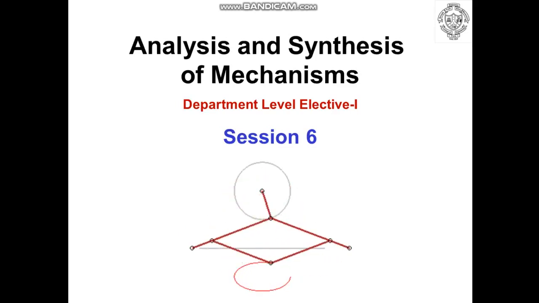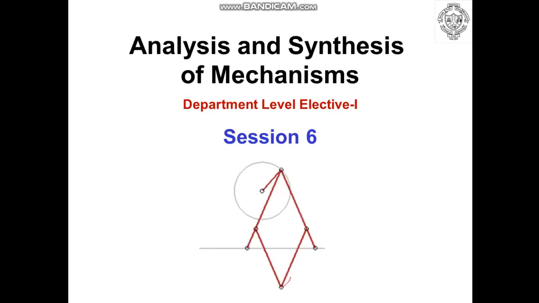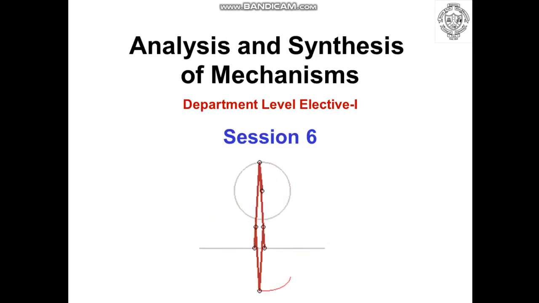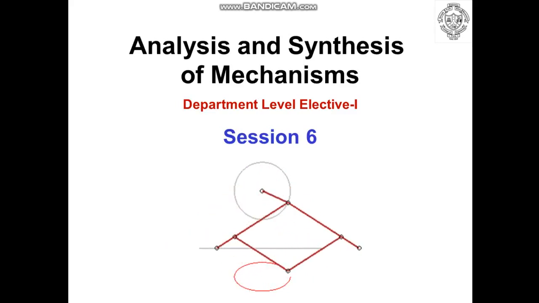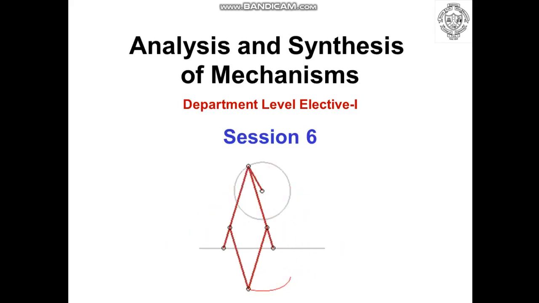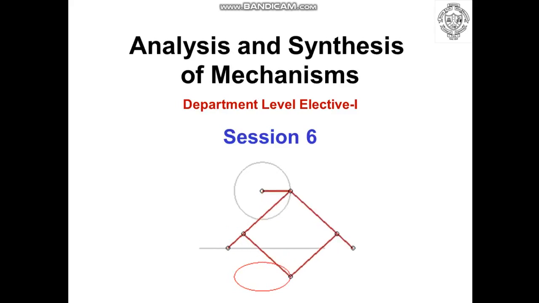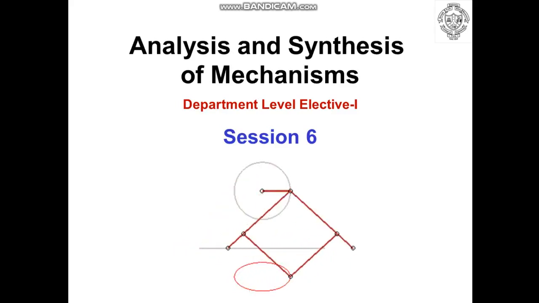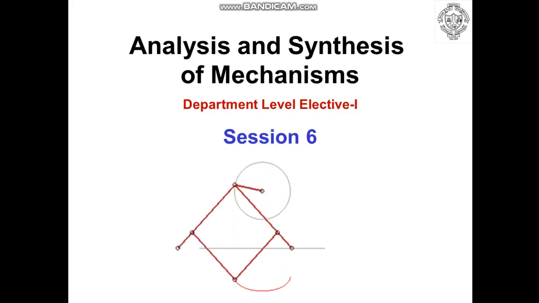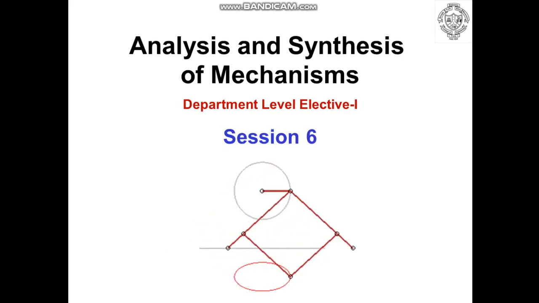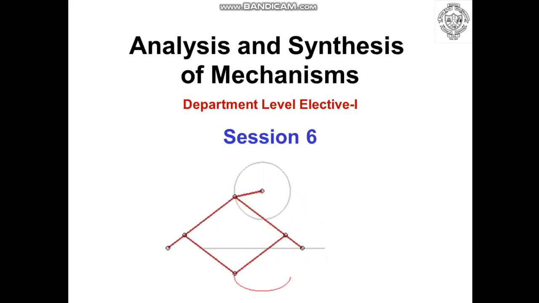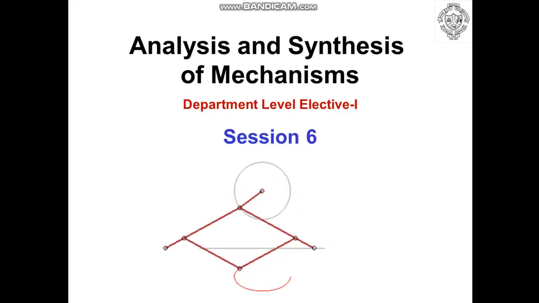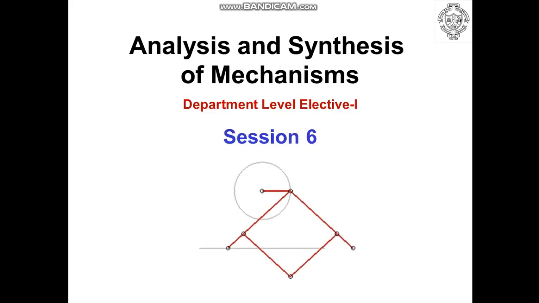Type synthesis refers to the selection of mechanism, that is, the type of mechanism to be used for getting a desired motion, or it can be type of link, maybe gear drive or belt and chain drive or coupling, and cam and follower, etc. can be used to form a mechanism.